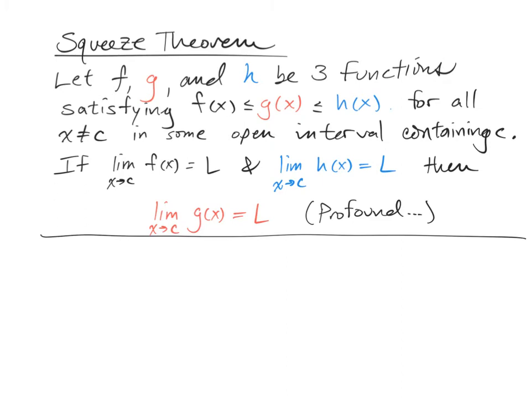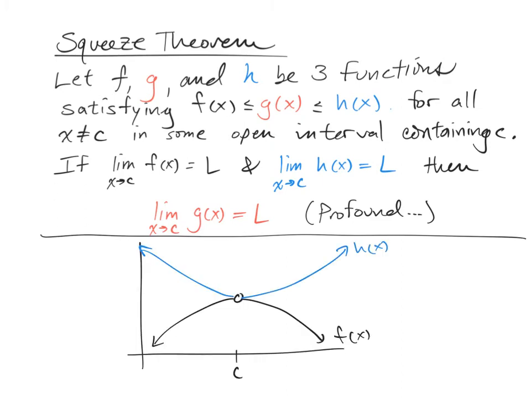Here's what that looks like in pictures. So you can see some pictures here. We have f of x is always beneath g of x, which I'll start drawing here in red. This is g of x.